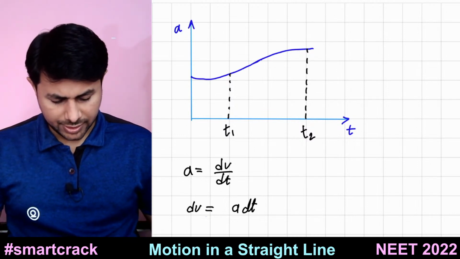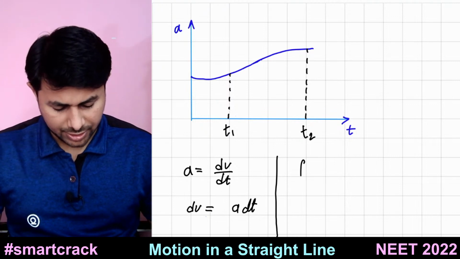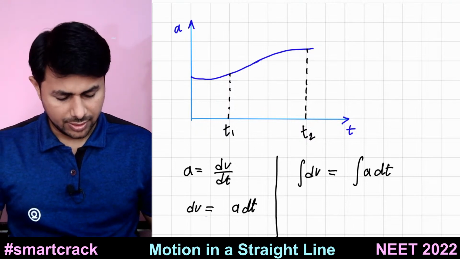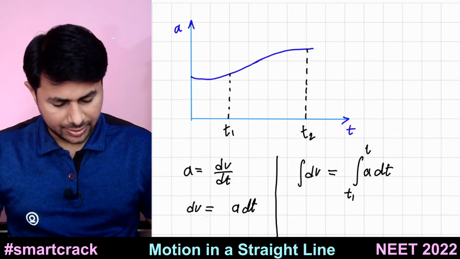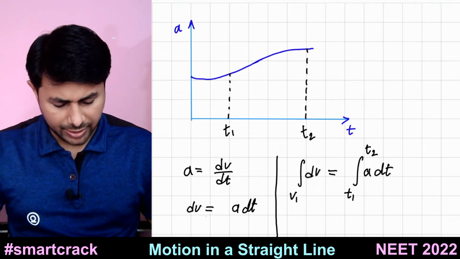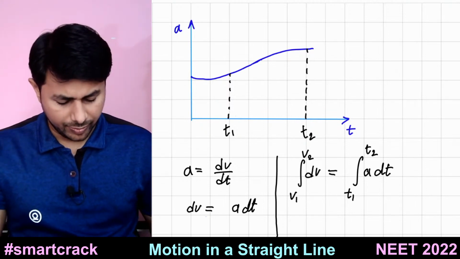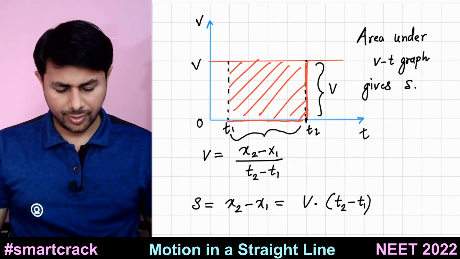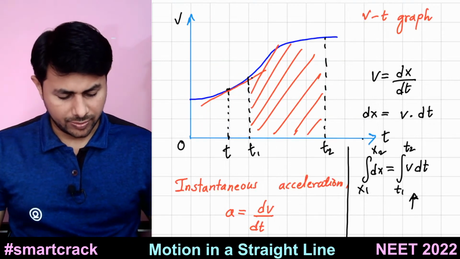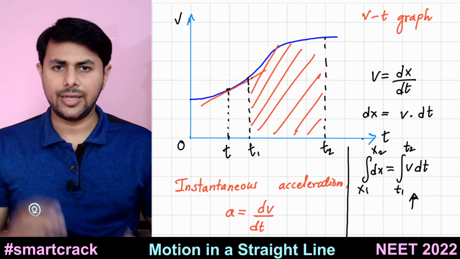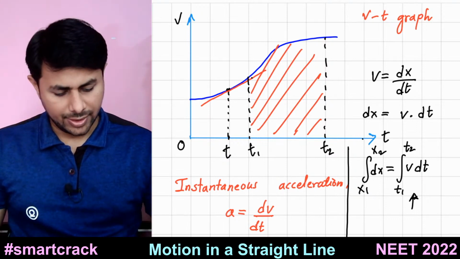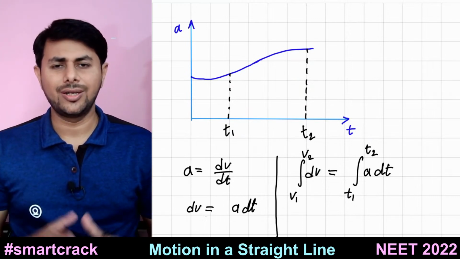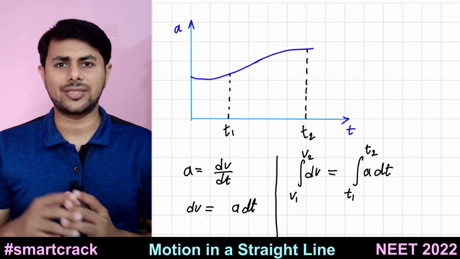Okay, so integration of dv is equal to integration of a dt. I will take it from time t1 to t2, and that will give me change in velocity. Okay, and what does that indicate on this graph? Just like the integration of v dt is area under the velocity versus time graph, just like that integration of a dt from t1 to t2 gives me what? It gives me area under the acceleration versus time graph.